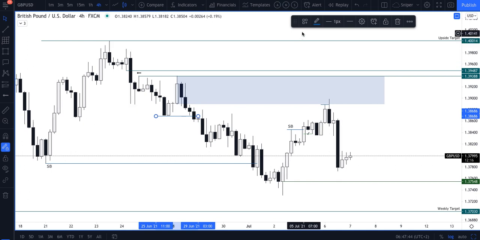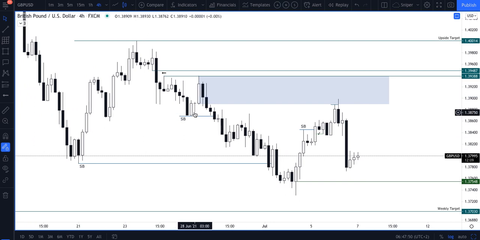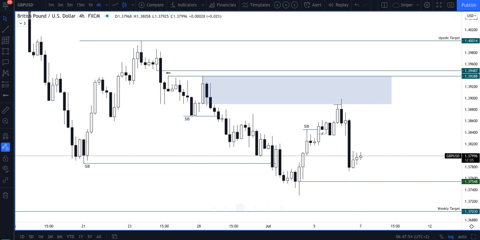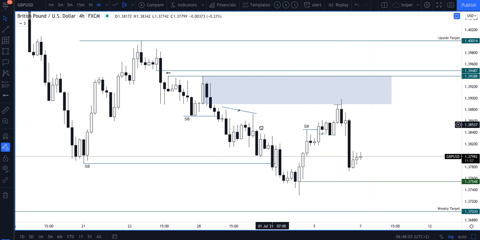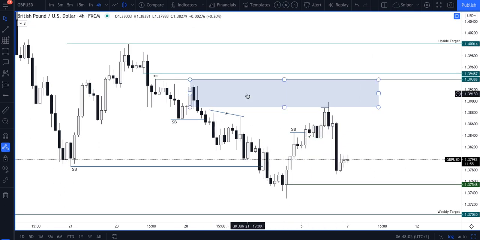We have our structure break towards the downside. It's not as clean and as strong, but it's there, and it's the last up candle before the move towards the downside. Then we have various different things to look at. On the 4-hour, we have these liquidity highs, meaning there's liquidity above these highs, and we could possibly see price reaching for those areas.